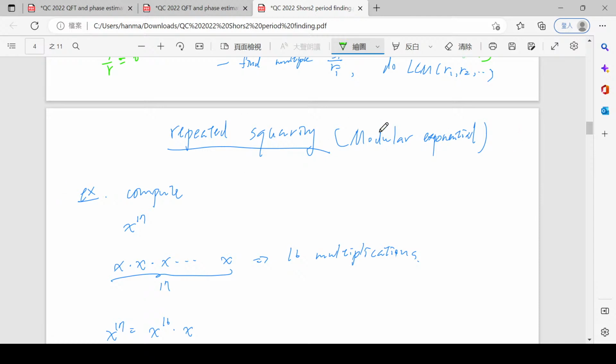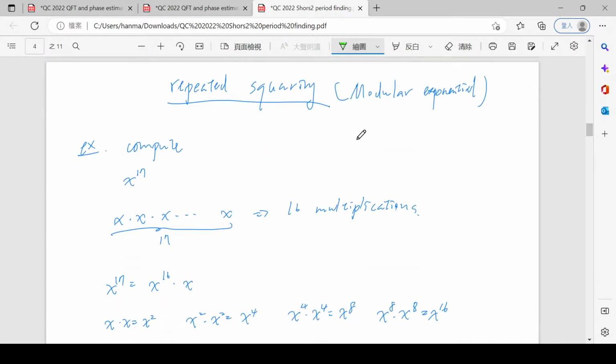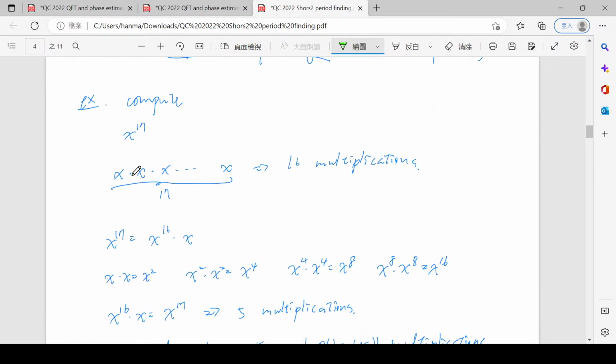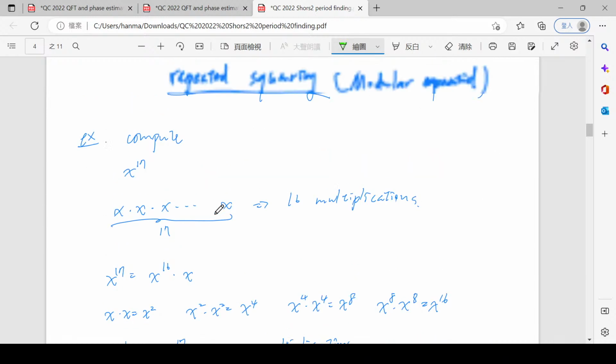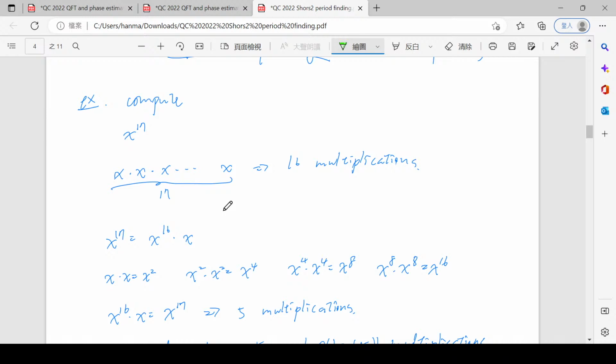So first is repeated squaring, which is called modular exponentiation. The idea is, if you just repeatedly square some number, then you can calculate the exponential to some power very fast. Here we have an example, it's easier to see through this.